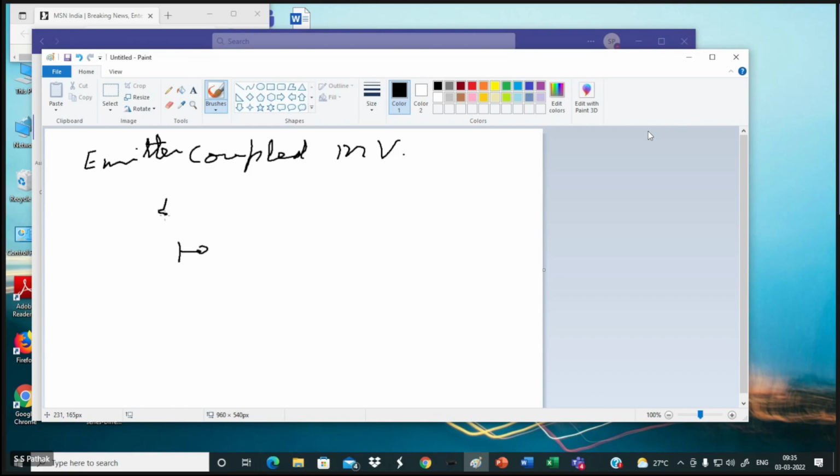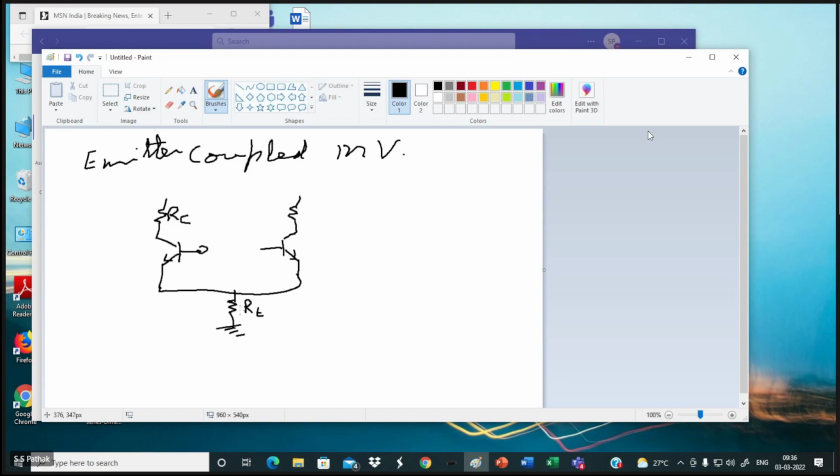This is my resistance, RC. Here is my emitter. Second is coming like this. This emitter will be biased, RE going like that.